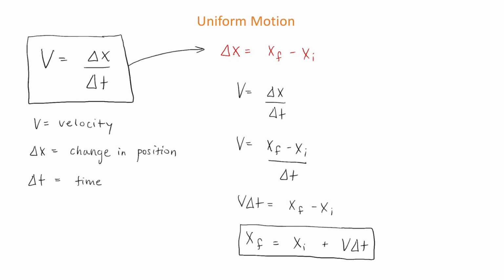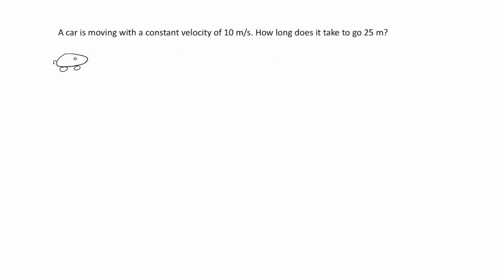Now let's dive into 3 different questions to practice using our velocity equation. For our first question, we have a car which is moving with a constant velocity of 10 meters per second. And we want to know how long will it take to go 25 meters. Since we were told that the car is moving with a constant velocity, we can use our velocity equation, which says v is equal to delta x divided by delta t.